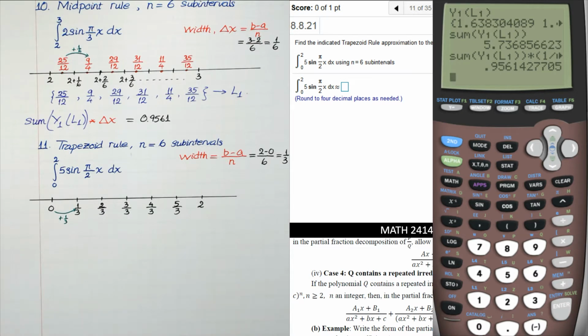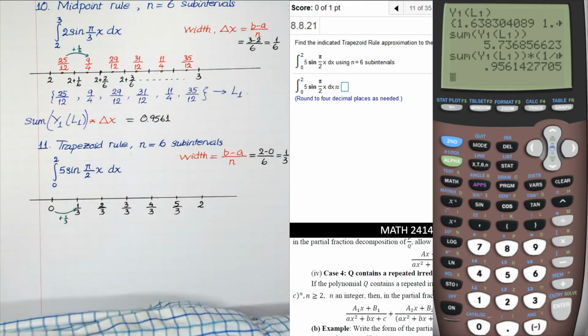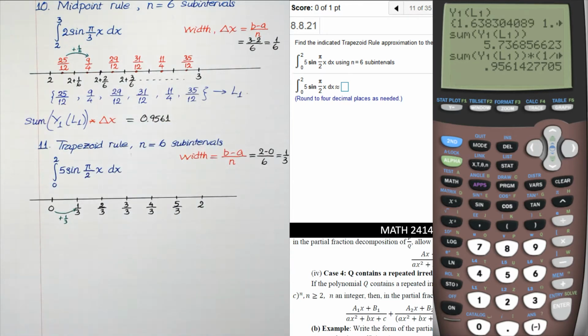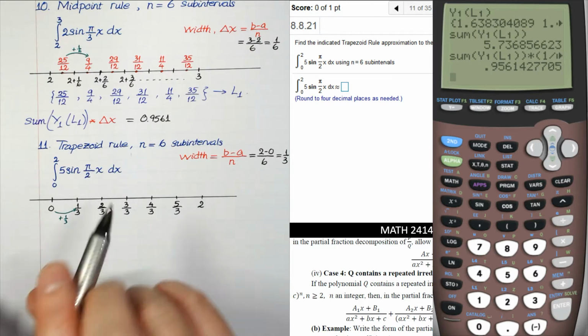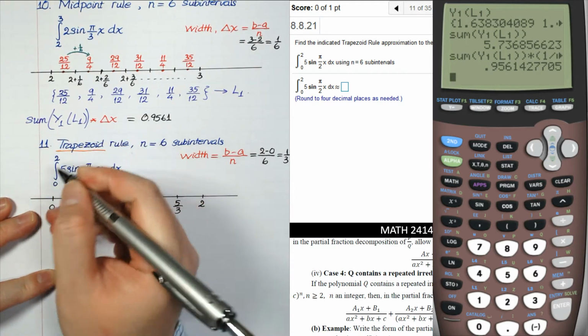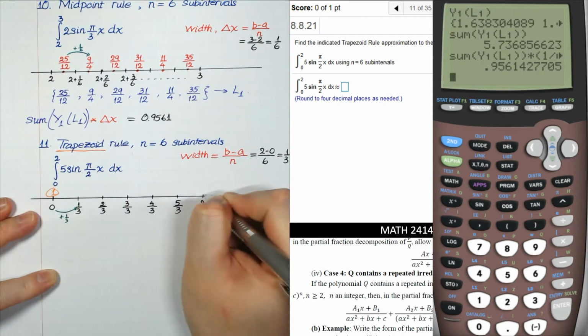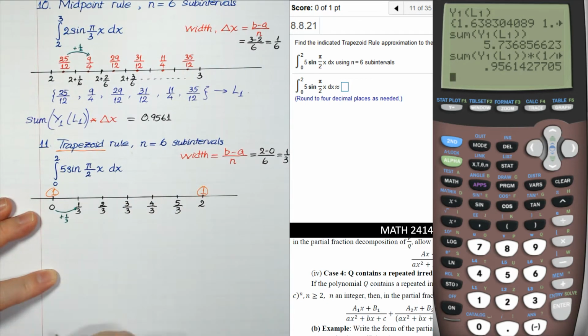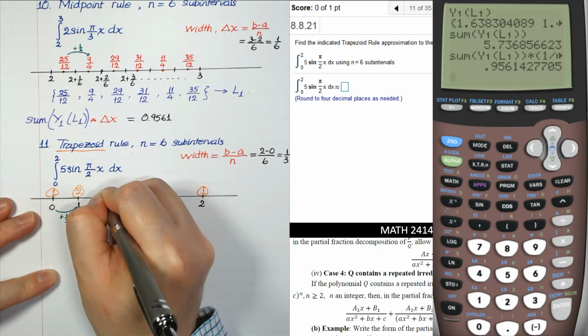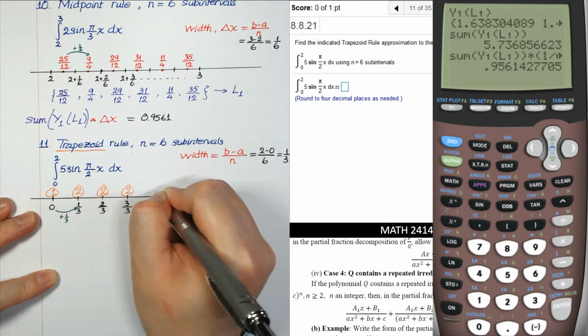That's fine. So those are the values. Now the coefficient in the trapezoid rule: one for the left, one on the right, everything in the middle, there are 2 of them.